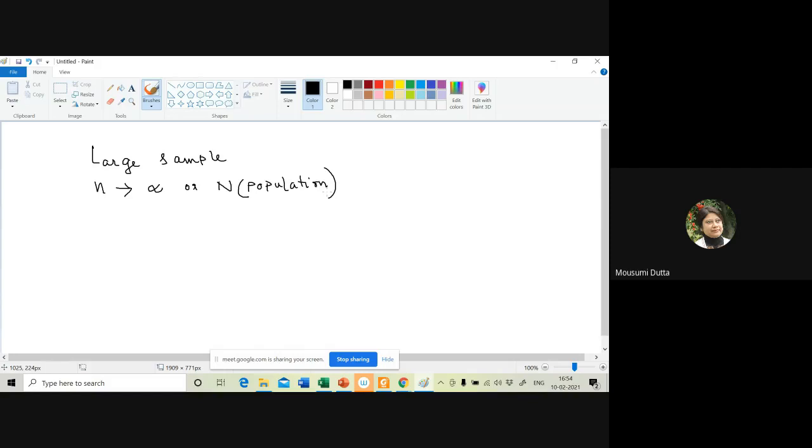In case of large sample, we do not consider unbiasedness and the minimum variance property. Rather, we concentrate on consistency and the efficiency of the estimators.